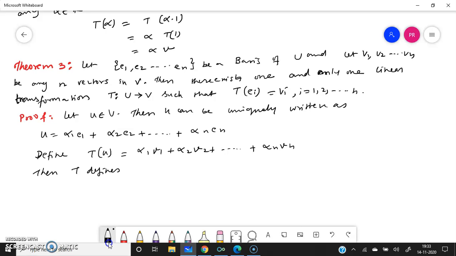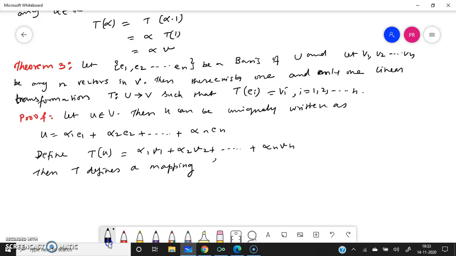We are now assuming that T of U equal to alpha 1 V1 plus alpha 2 V2 and so on to alpha n Vn. Then T defines a mapping. Only a mapping, we don't know about the linear mapping and all because that is what we are supposed to prove.